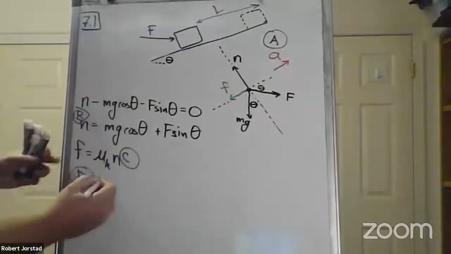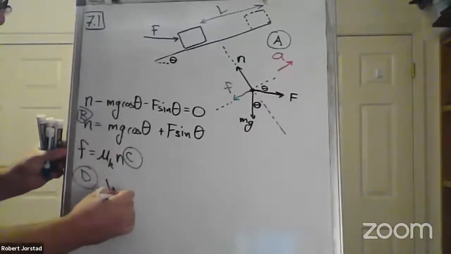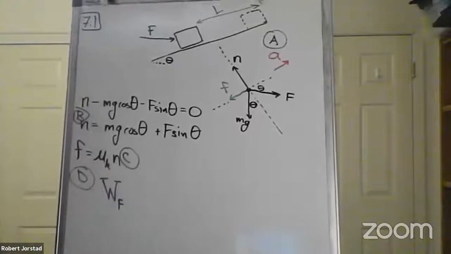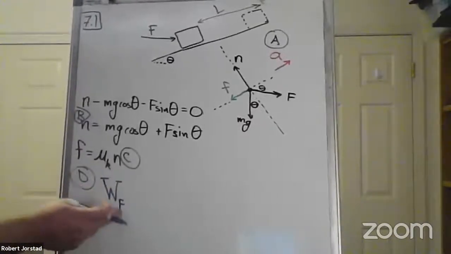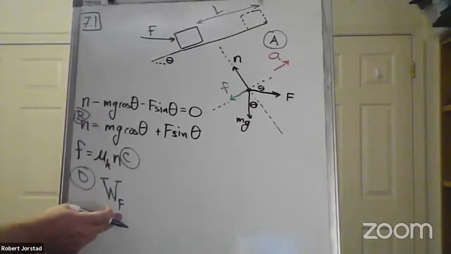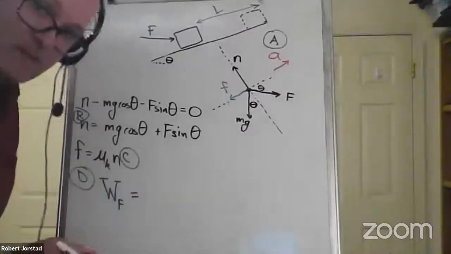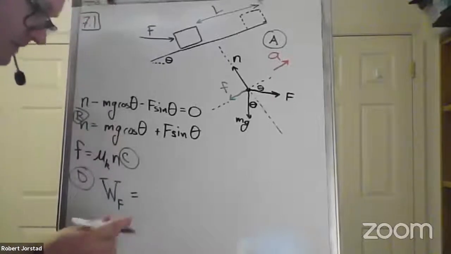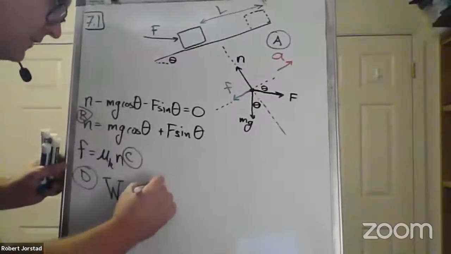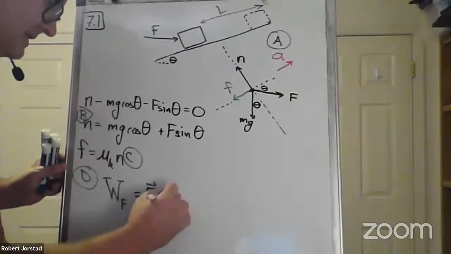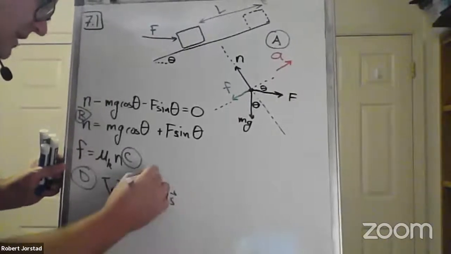Okay, so finally we get a new piece of information. The work done by force F. This is how I'm going to write it. I'll do a capital W with a subscript F. And then what I almost always do in this type of problem is draw a mini picture, right? Because we know from the definition, it's F dot ds, and then you integrate it.